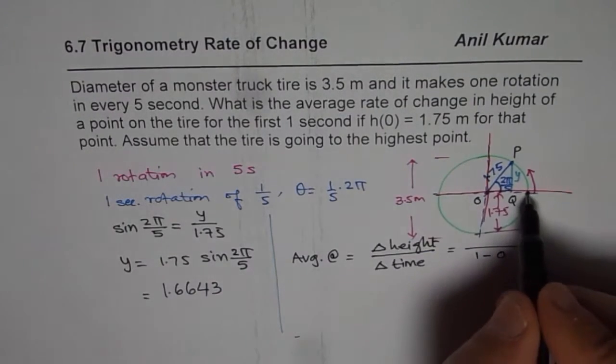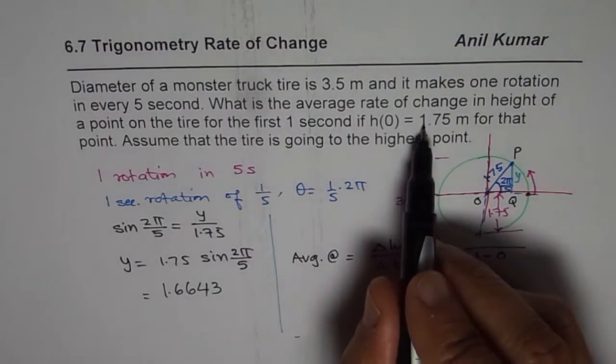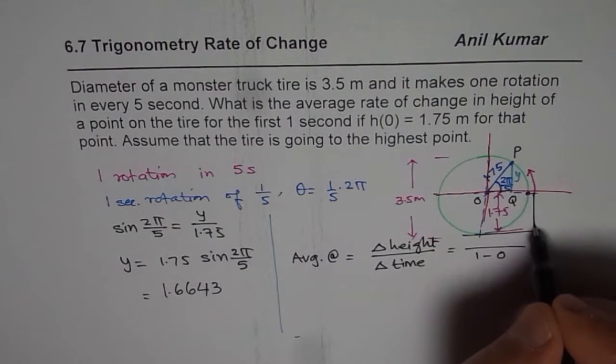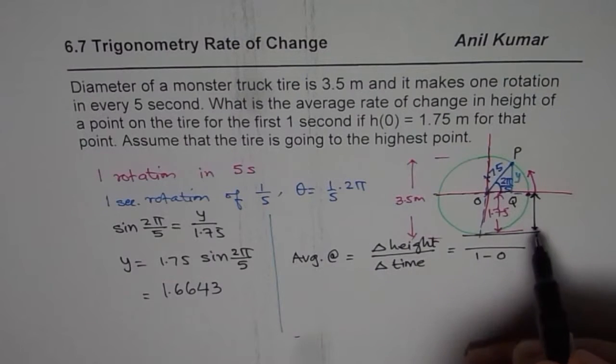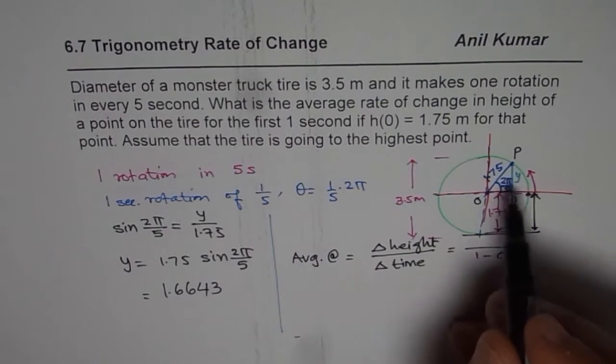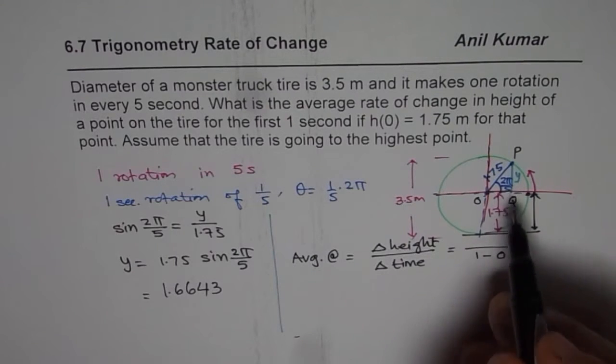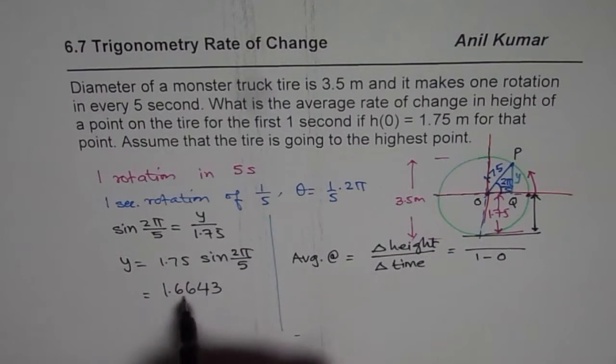We are assuming this height to be 0. I mean, it is given as 1.75 from the ground, so you can use 1.75 from the ground. In that case, this height will be y plus 1.75. Anyway, the difference between the two is 1.66.